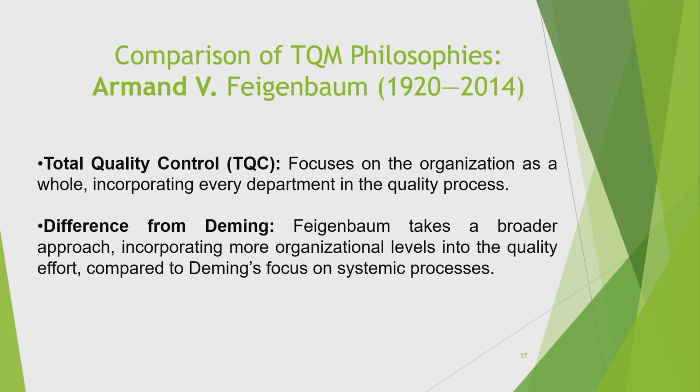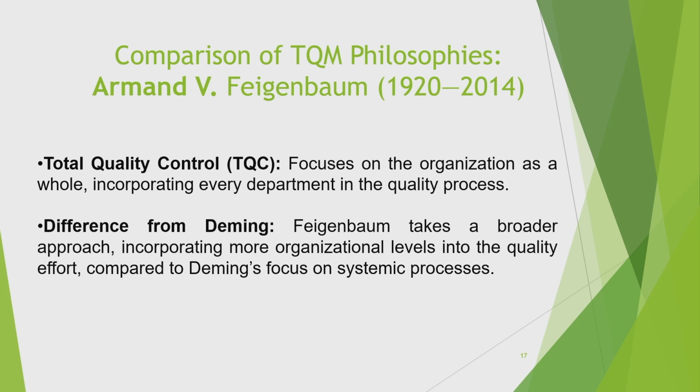Then let us discuss philosophy of another quality guru, that is Armand V. Feigenbaum. He was born in 1920 and died in 2014. He gave too much emphasis on total quality control. It focuses on the organization as a whole, incorporating every department in the quality process.